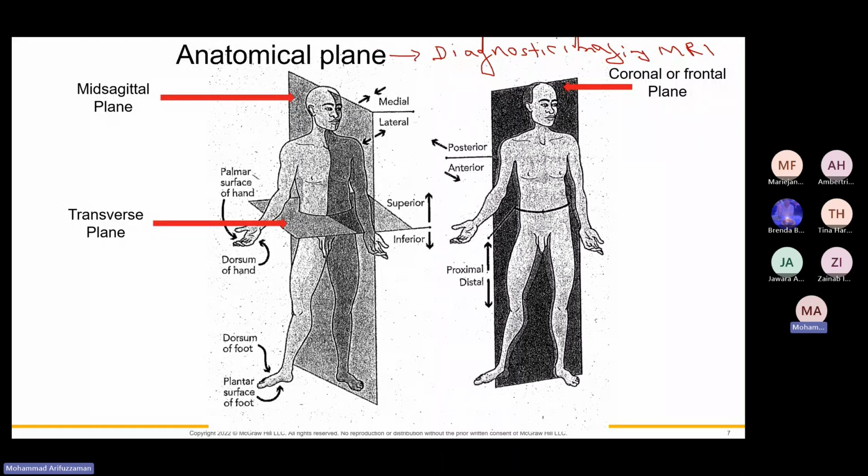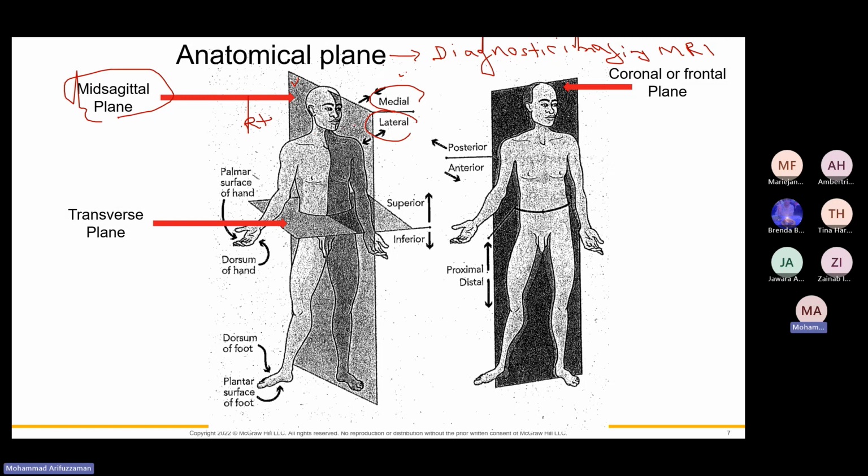So what are the imaginary planes? The first is the midsagittal. What is midsagittal? It's a vertical plane passing through the body and dividing the body into medial and lateral halves, that means into the right and the left.